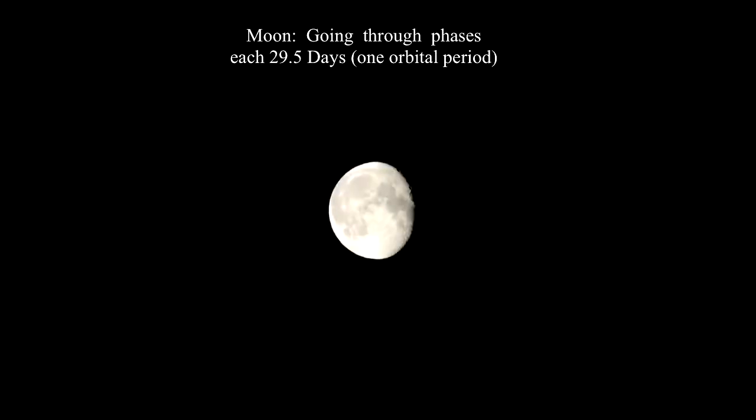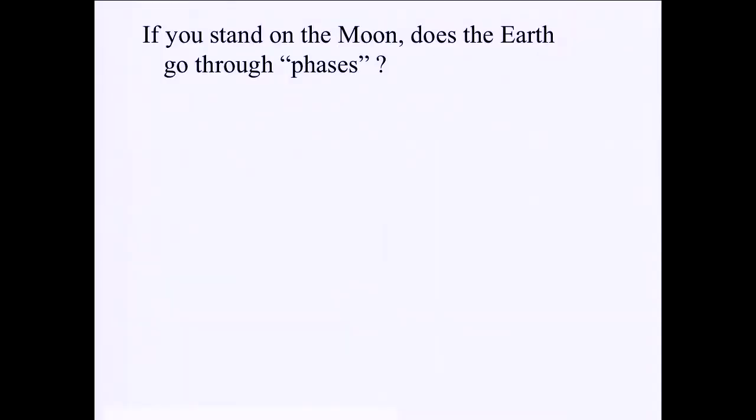So this is a geometry problem with three objects: the sun, the Earth, and our view of the moon, and how the sunlight strikes the moon and reflects off of the moon, giving us a chance to see some portion of the hemisphere that's illuminated by the sun.